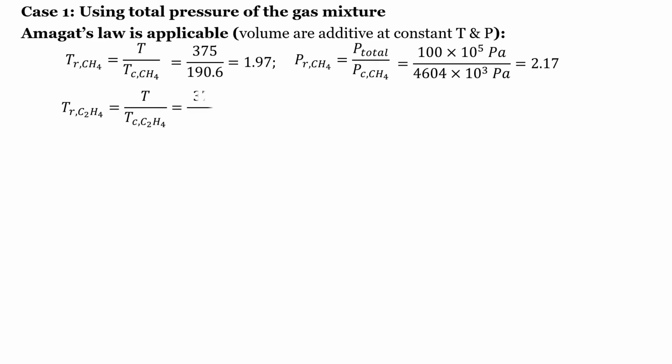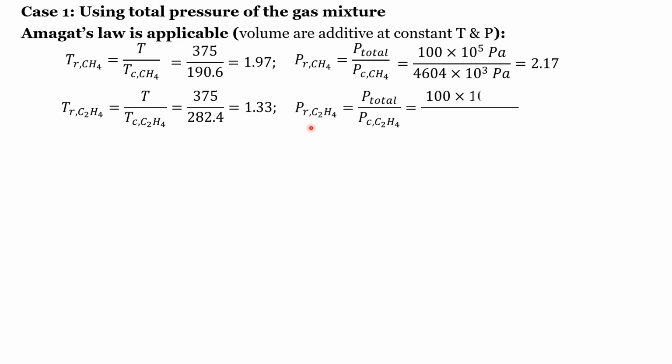Now we can find out T reduced for the other component, that is for C2H4. So total temperature is 375 and critical value of temperature is given in the problem. In the same way, we can write P reduced for C2H4 equal to P total divided by P critical.